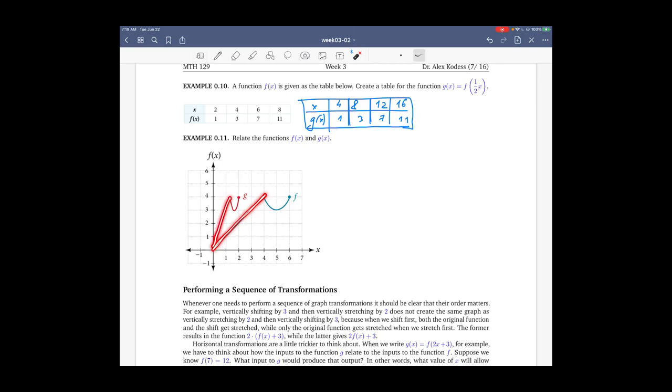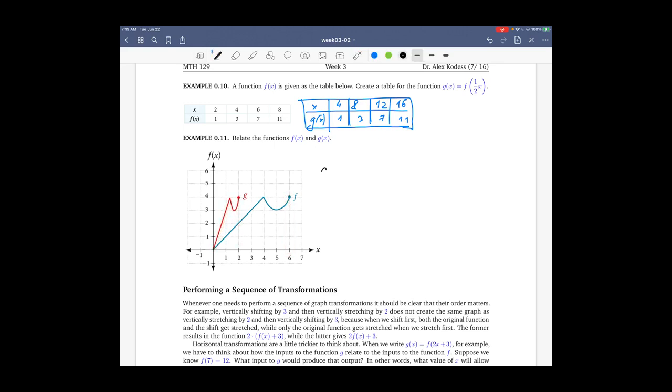We see that g is the sped up version of f, namely that f gets to value 4 at time 4, but g gets to value 4 at 1/3 of that time. This, I believe, is 4/3. Likewise, f finishes at time 6, and g finishes at 1/3 of that time, at time 2.